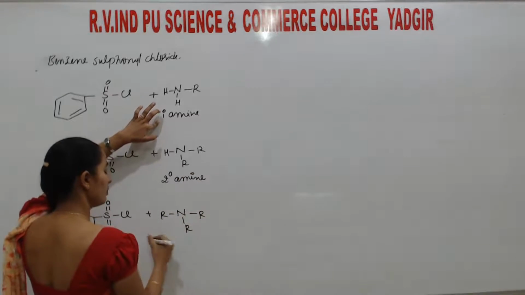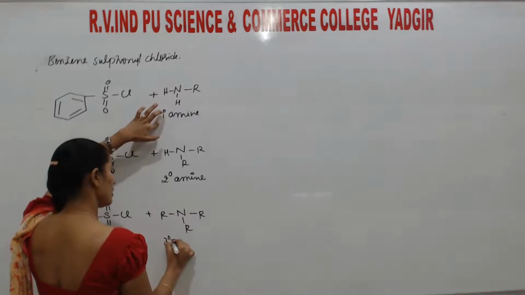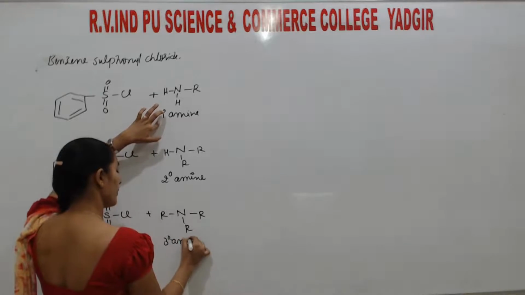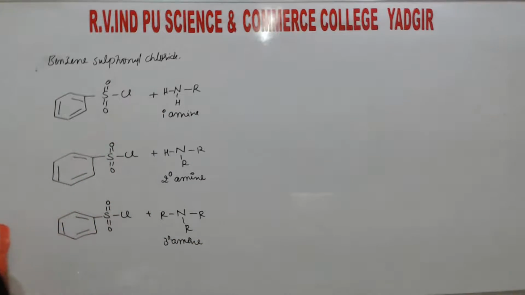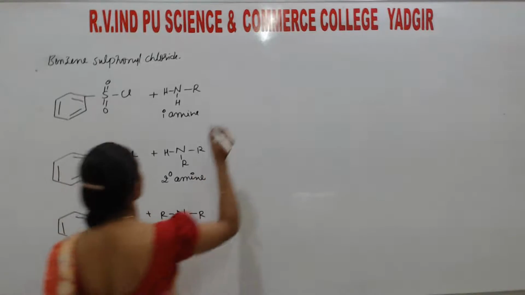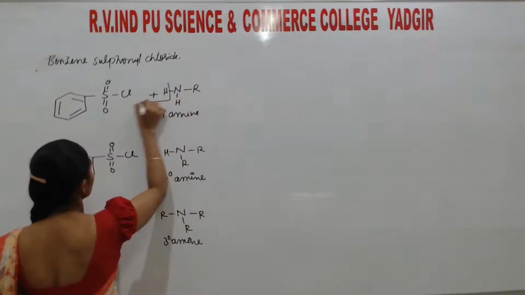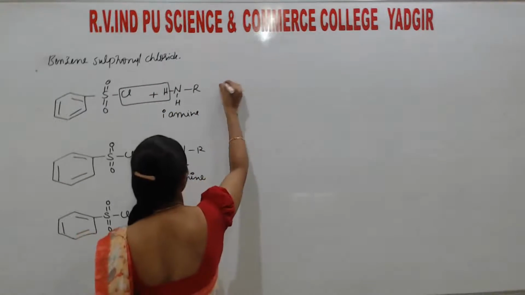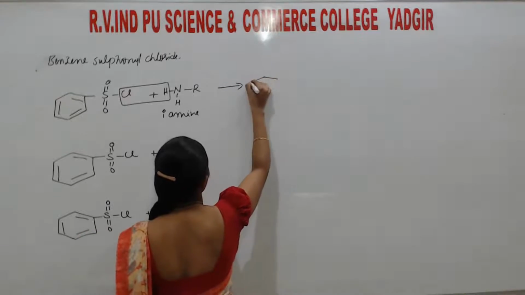If nitrogen got into 3R, that is tertiary amine. Remember what happened? So students, here HCl is removed. Then the compound formed is like this.